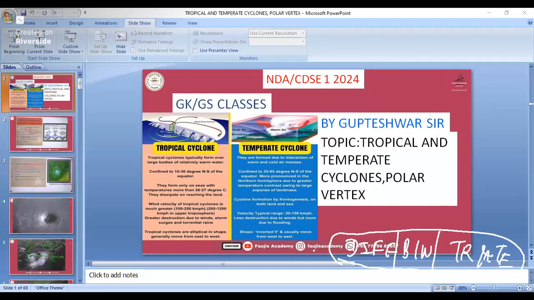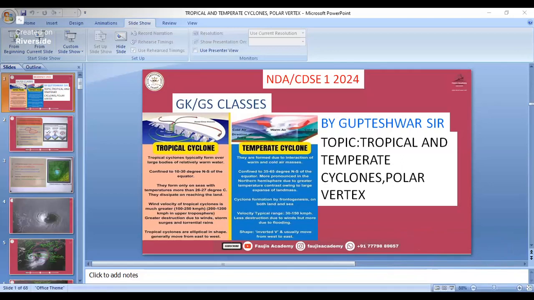Okay. So now we'll see how the tropical cyclone formation happens. You can easily see this from the diagram. First we'll see the diagram, then afterwards we'll go to the theory part. So see in this part, the pressure belt is very important, because the pressure belt is useful everywhere, even in oceanography.